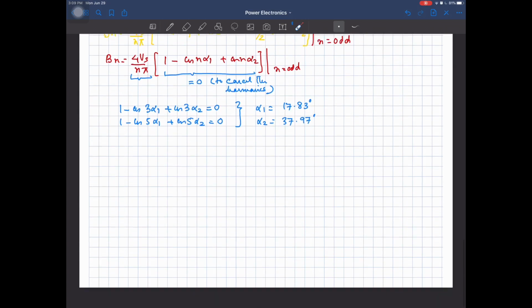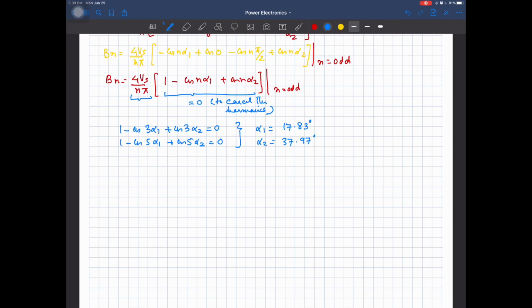So if I sketch this spectrum, it will look like this. Only the fundamental component will exist. Let's suppose it has the magnitude V1. Okay, I am going to sketch Bn over here.